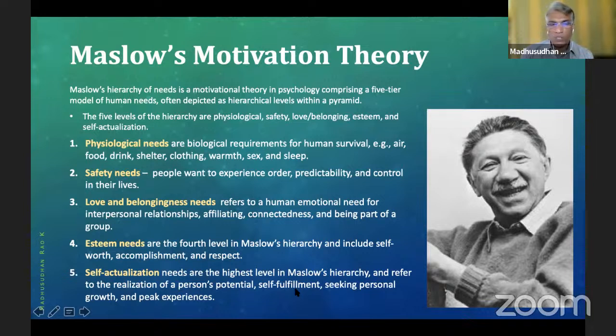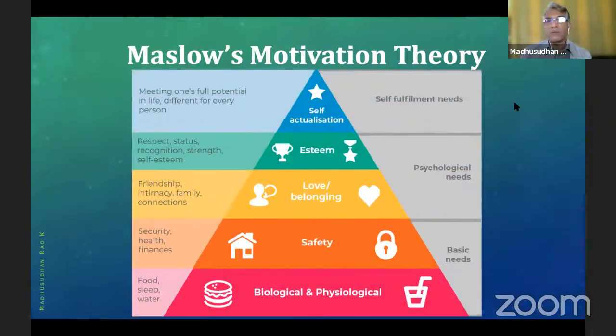Once they achieve this place, they will not work for money. They work for joy, pleasure. They want to learn something new for their pleasure. This is Maslow's hierarchy theory of motivation.